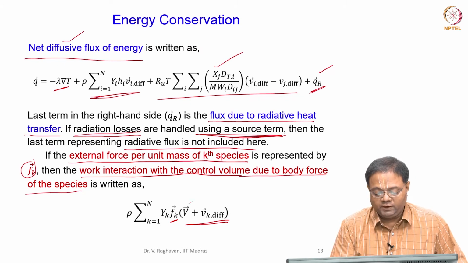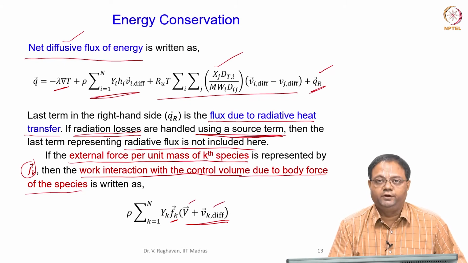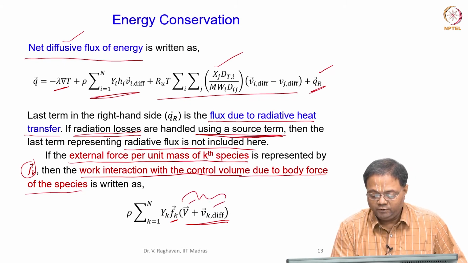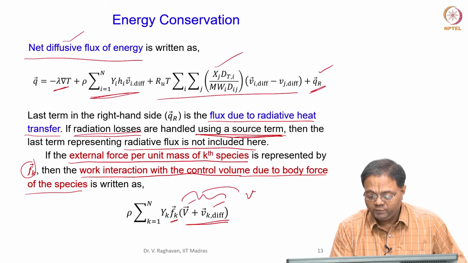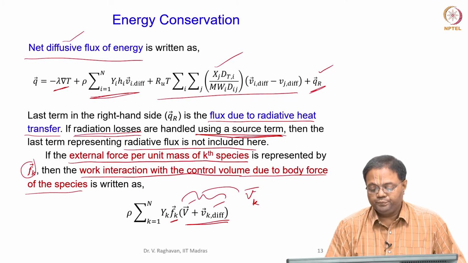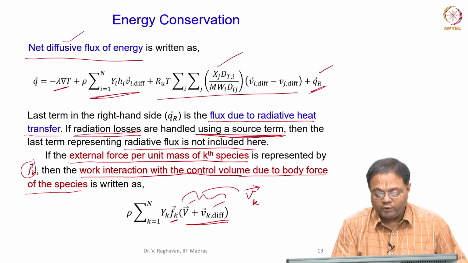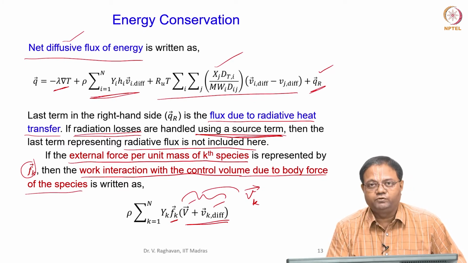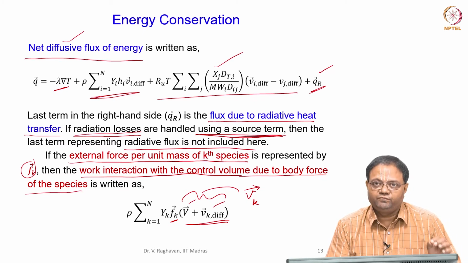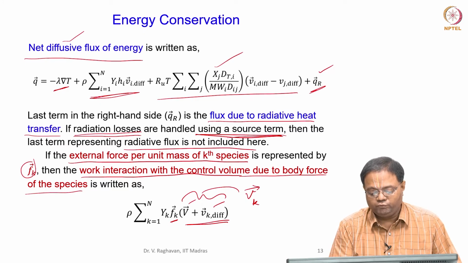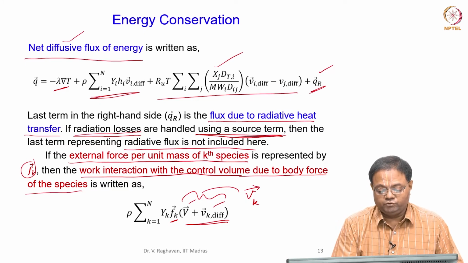The bulk velocity plus its diffusion velocity. So, this is nothing but the velocity of the species k. So, rho into Yk will be the mass of this species, into its velocity, that will be the mass flux of the species, into the body force, that will be the body force term.